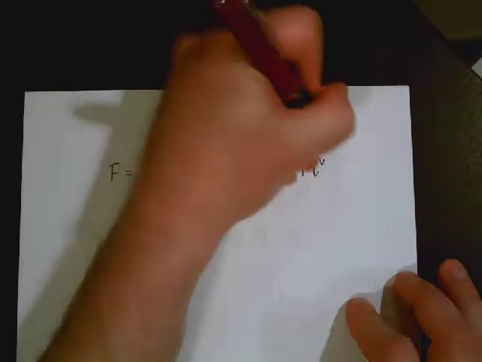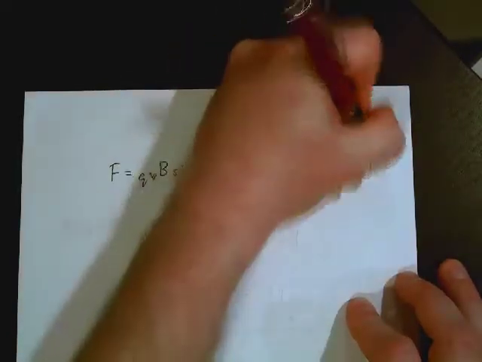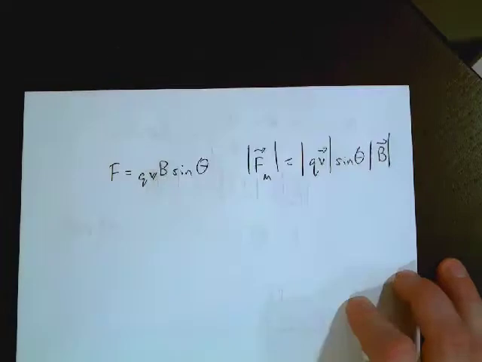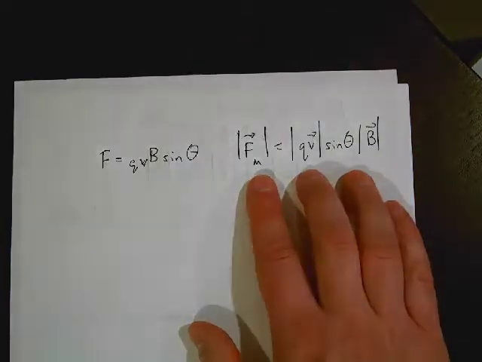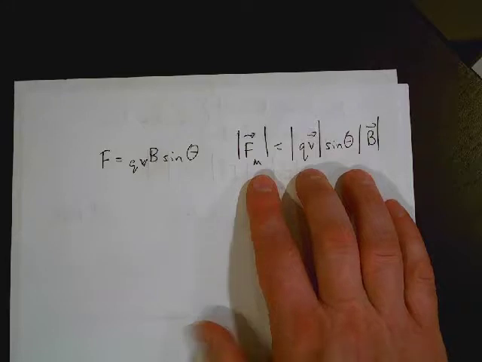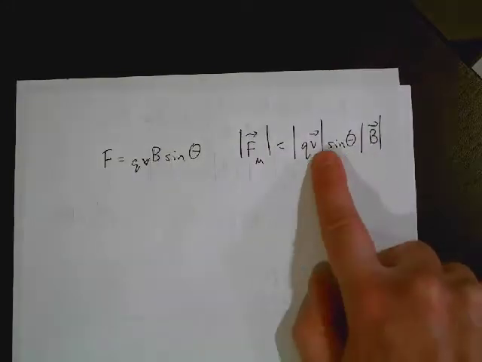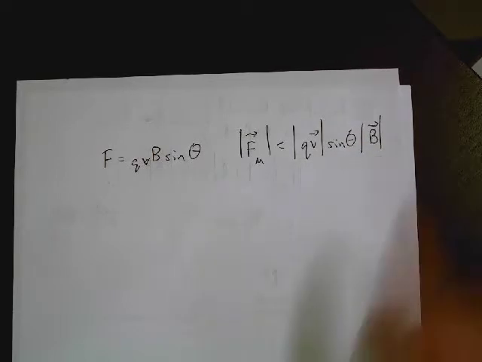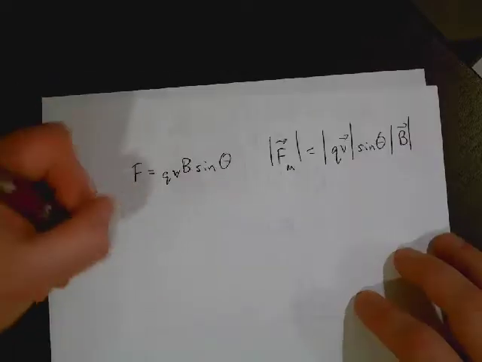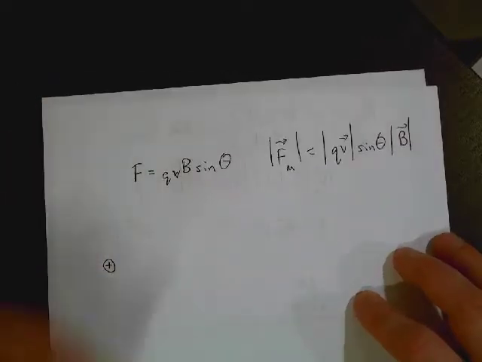I'll show you how the College Board writes it. They say Q V sine theta B. And again, same thing. This is going to be a lovely equation to tell you magnitude, not so lovely to find direction. And then remember the theta is between the velocity and the B.